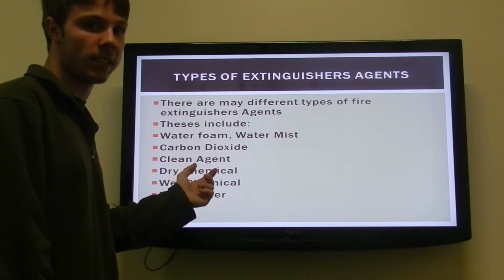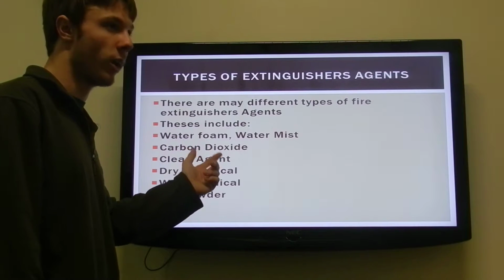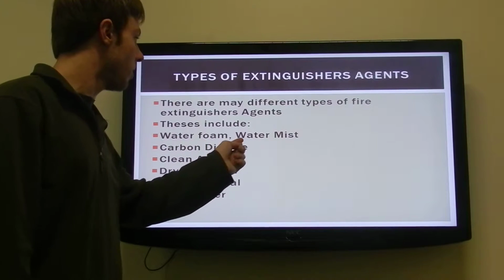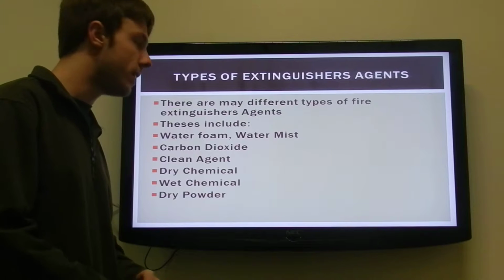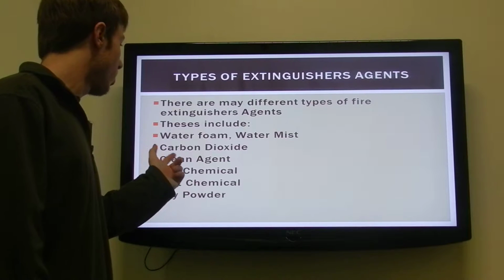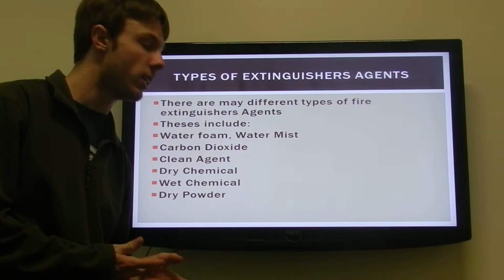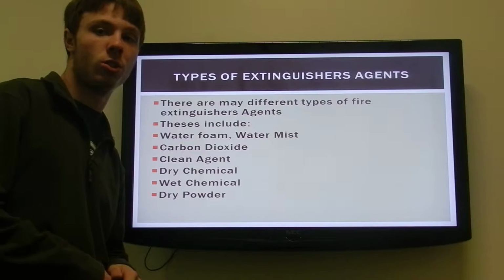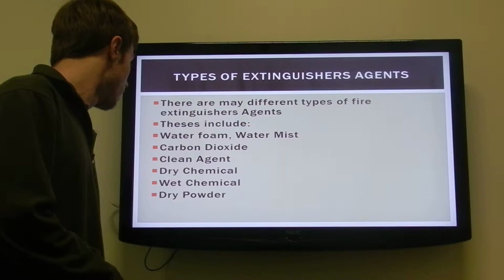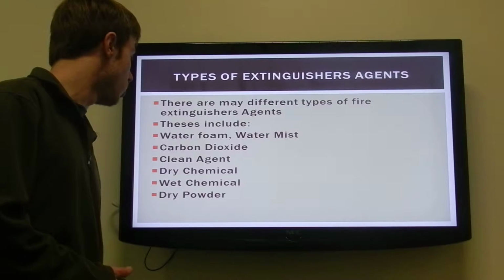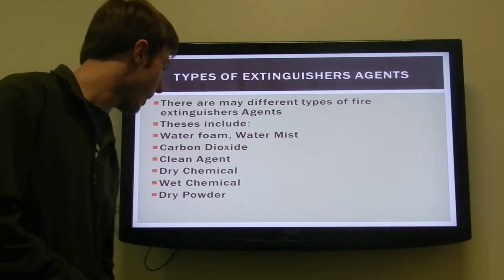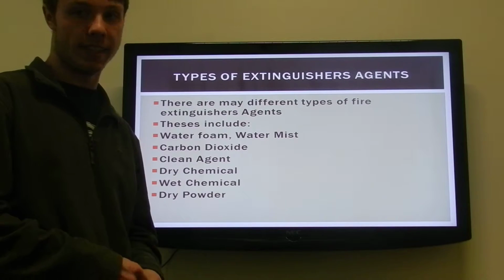Water is used for Class A fires. Foam is used for A and B fires. Water mist is used for A and C. Carbon dioxide is used for B and C. Clean agent is used for B and C. Dry chemical is used for A, B, and C. Wet chemical is used for Class K, and dry powder is used for Class D.